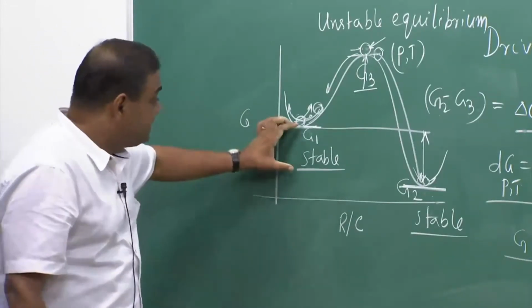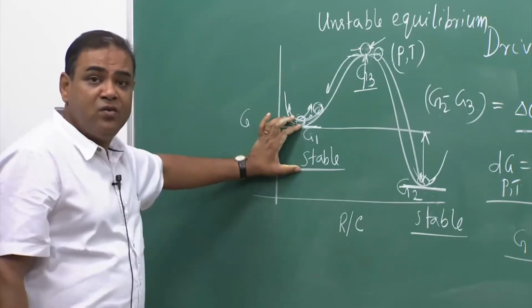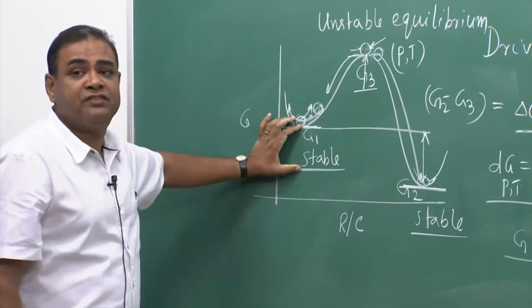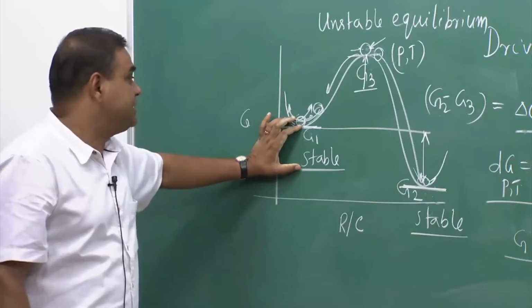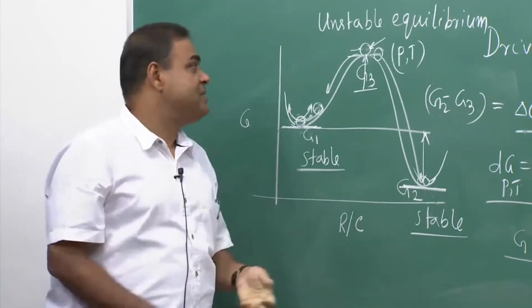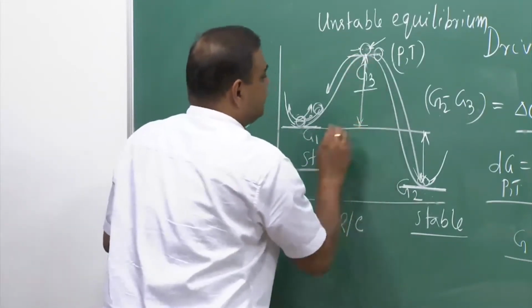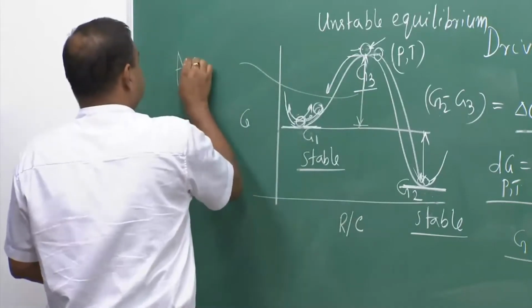So, there is a spontaneity from G1 to G2, but we need to provide sufficient excitation to that particular ball, and this excitation is coming in the form of activation energy.